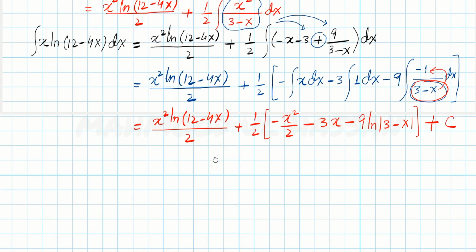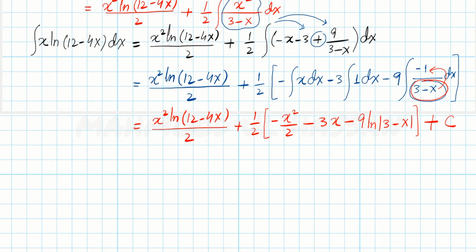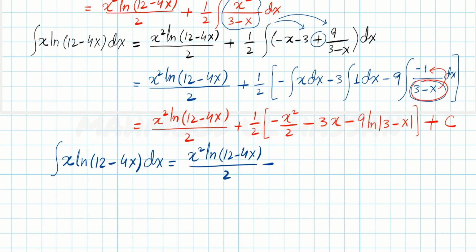Okay, so finally our result is: the integral of x natural log of 12 minus 4x dx is equal to x square natural log of 12 minus 4x divided by 2. So now you have to multiply 1 upon 2 inside.